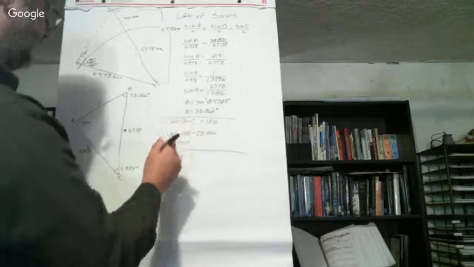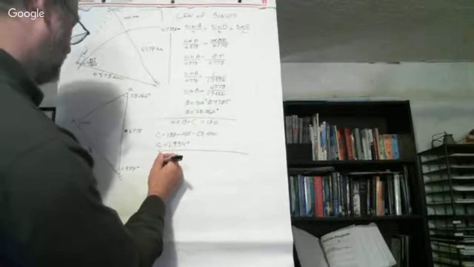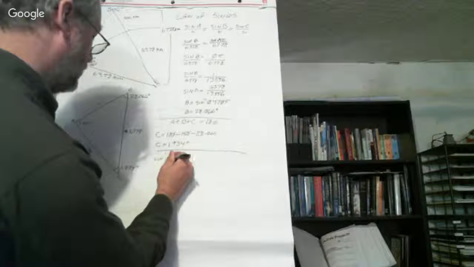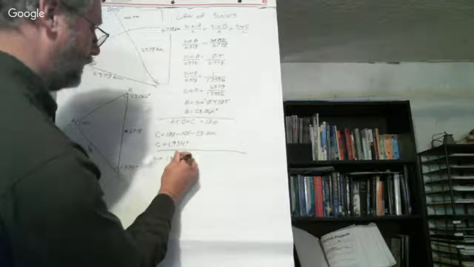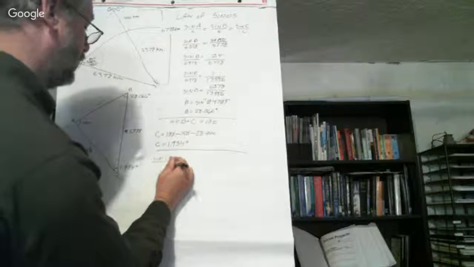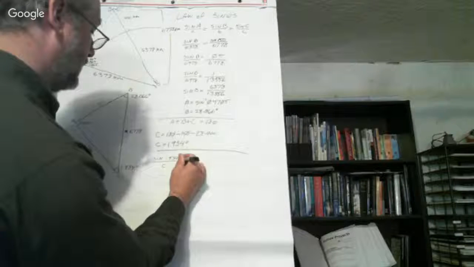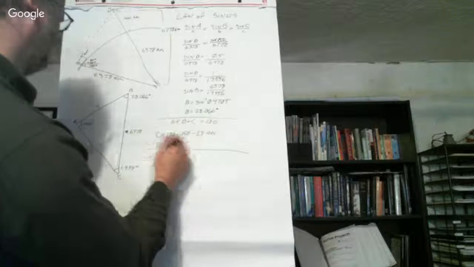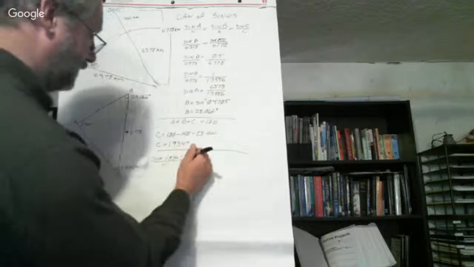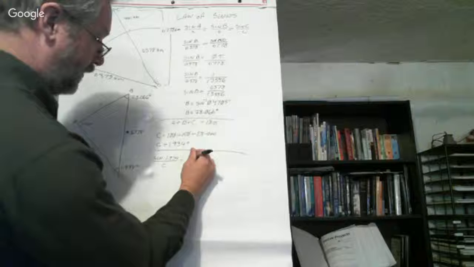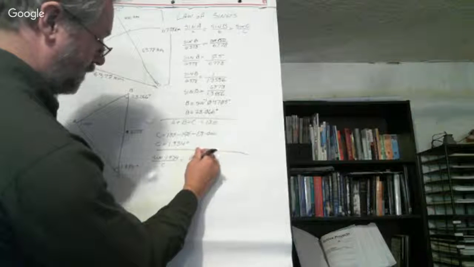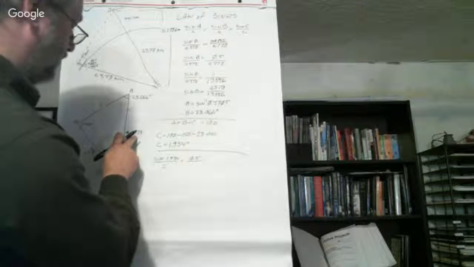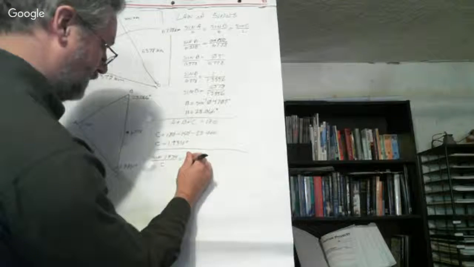So, law of sines, and we'll go ahead and put a line here. Law of sines dictates that the sine of C, which is sine of 1.934, over C, is equal to the sine of 150, which we already know is 0.5, over this here, 6,778.